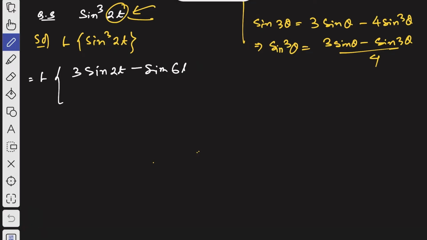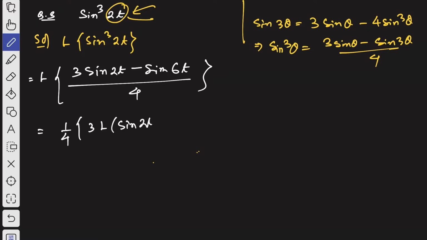We can write 6t divided by 4, and which can be written as 1 by 4 times 3 Laplace transformation of sine 2t minus Laplace transformation of sine 6t, right?